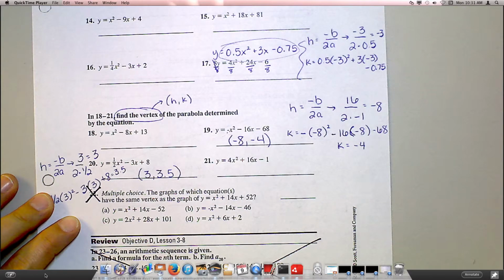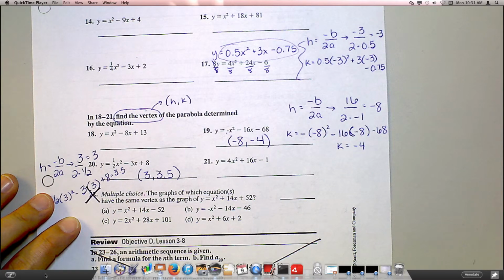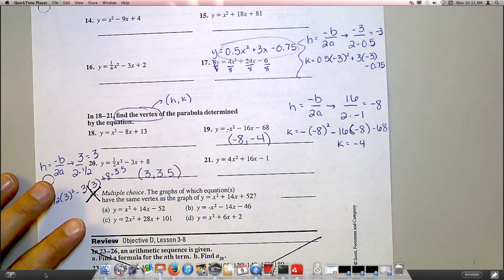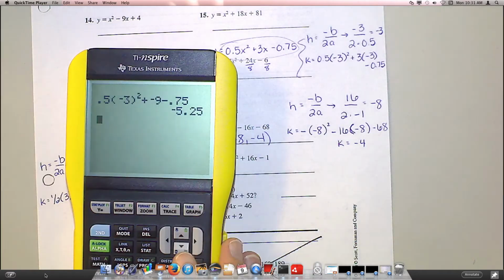How'd I do? Yeah, I got negative 5.5. I didn't get 5.5. I got 5.25. Yes? Okay.